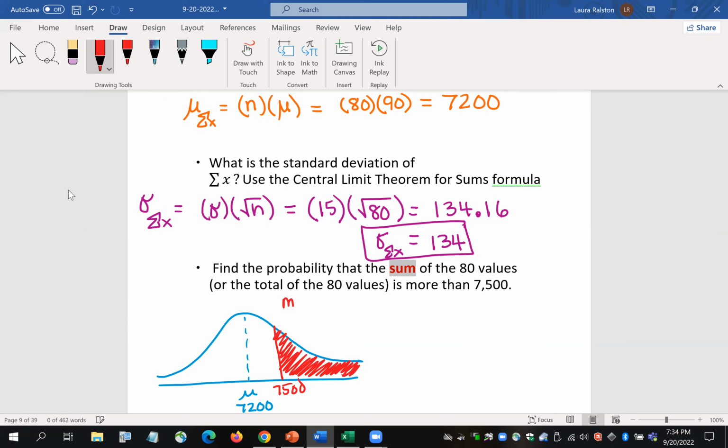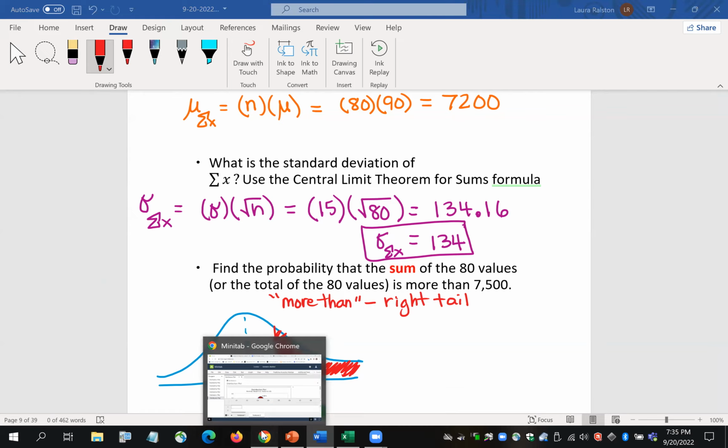So because this is more than, this is a right tail. It's the same process, guys. Don't overthink it. The new piece here is finding the appropriate mean and the appropriate standard deviation based on which version of the central limit theorem you need to use.